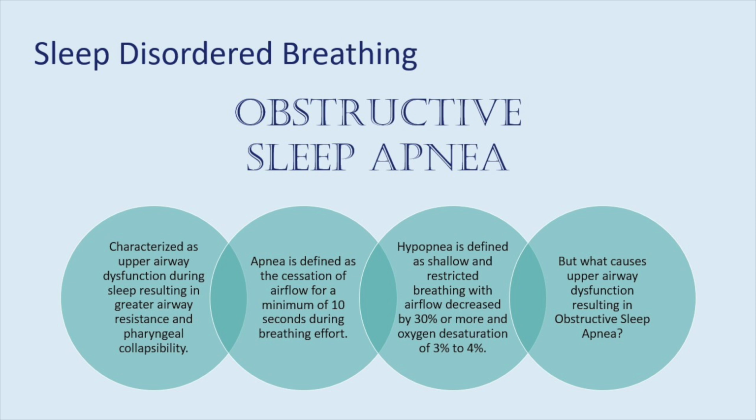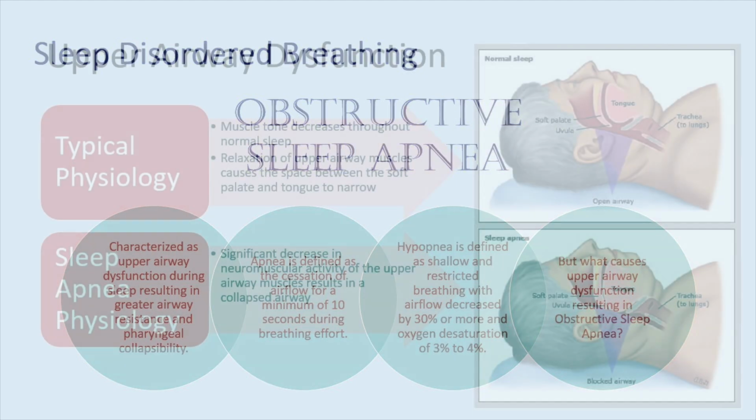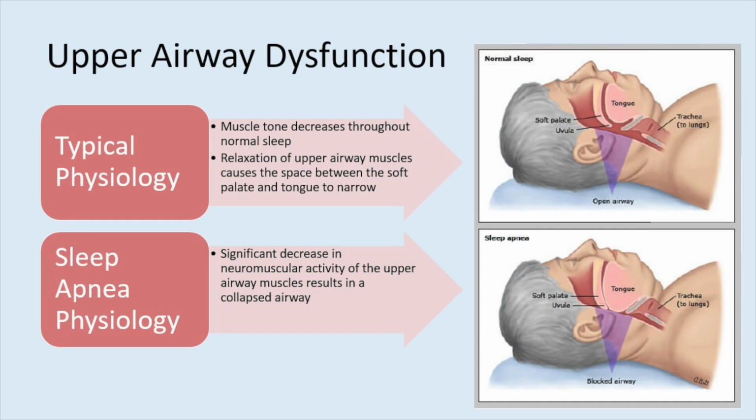So now we need to dive a little bit deeper and discuss what causes upper airway dysfunction resulting in that obstructive sleep apnea. So with typical physiology, as you're sleeping, your muscles decrease in tone and your body relaxes.